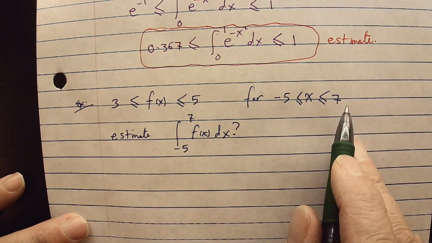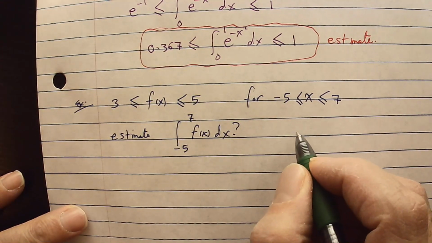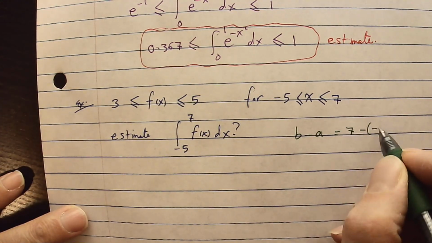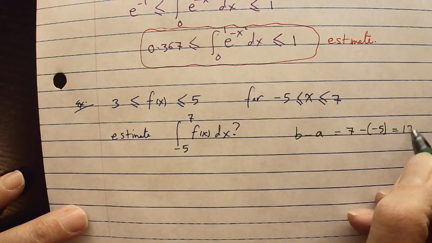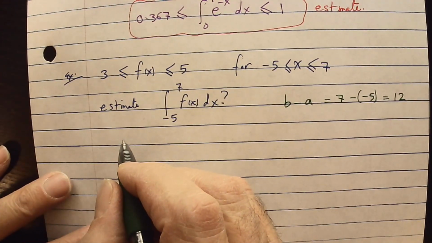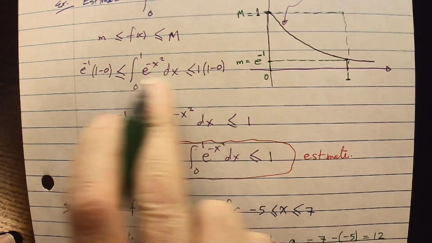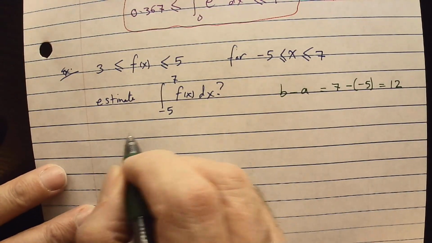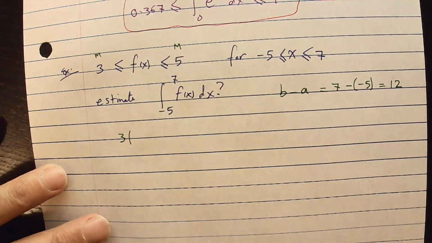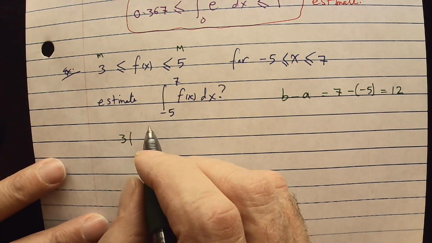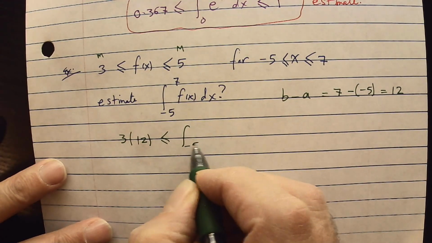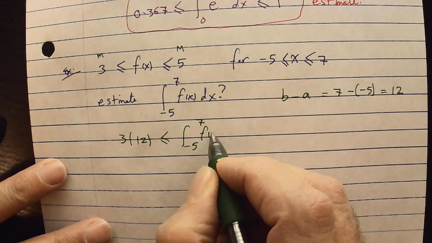a is negative 5, b is 7, so we can say here that b minus a is 7 minus negative 5, which is 12, and therefore I can put this in the main inequality that we used, where 3 is the small m and 5 is the capital M. So 3 times 12 less than or equal to the integral from negative 5 to 7 of f of x dx.